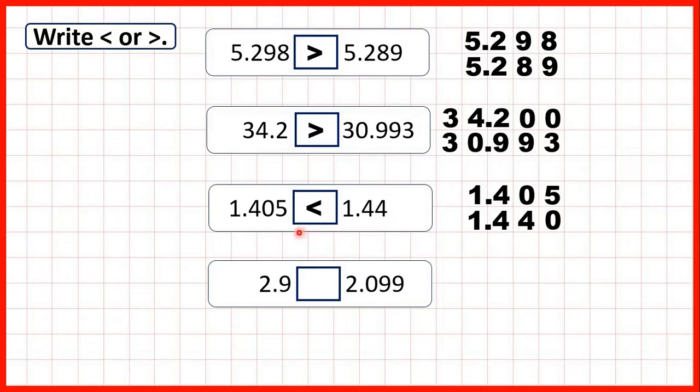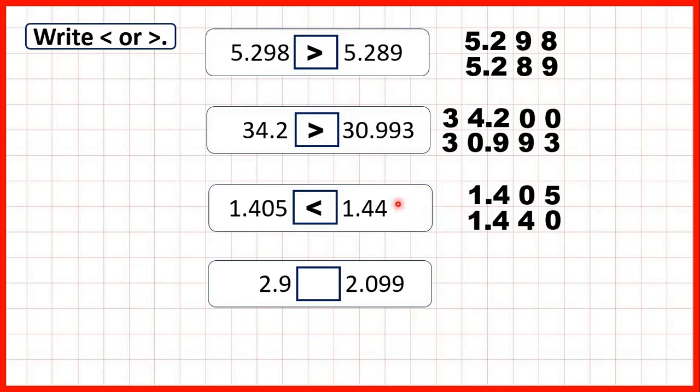That might be confusing because 1.405 uses more digits, and with whole numbers, numbers with more digits are larger. But remember, we can put zeros on the end of decimals. 1.440 is the same as 1.44. All this 0 tells us is that we don't have any thousandths in this number.